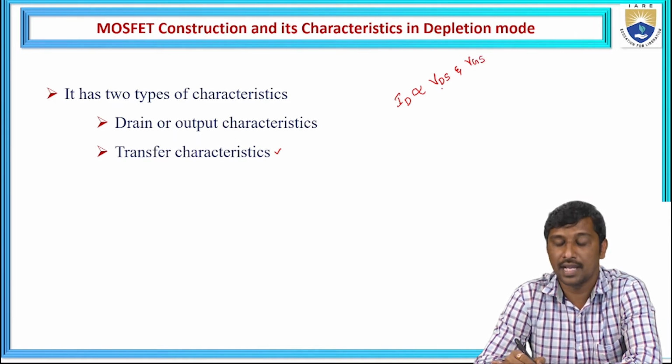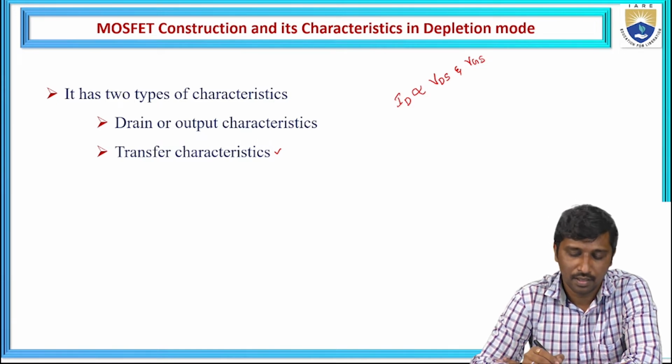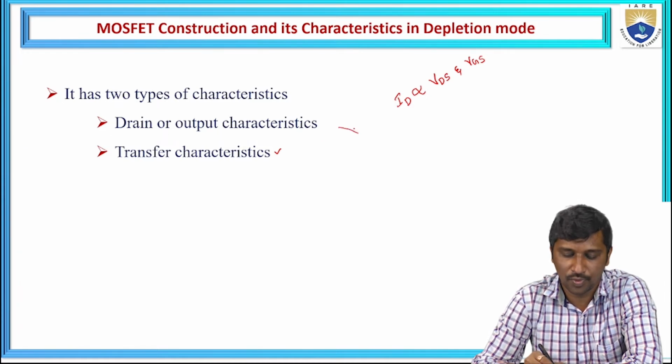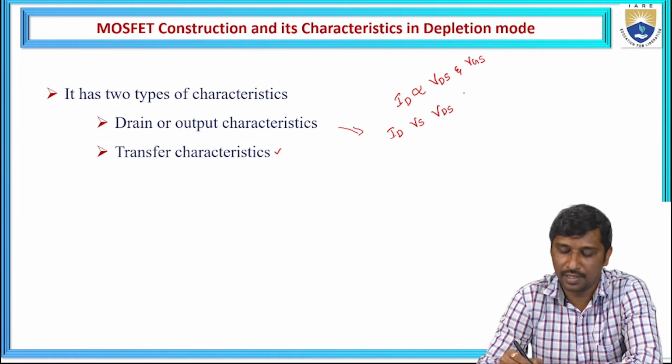VDS means the biasing voltage between drain and source, and similarly VGS is the biasing voltage between gate and source. If you want to draw the output characteristics, we need to plot the drain current versus the drain to source voltage, keeping the gate to source voltage constant.